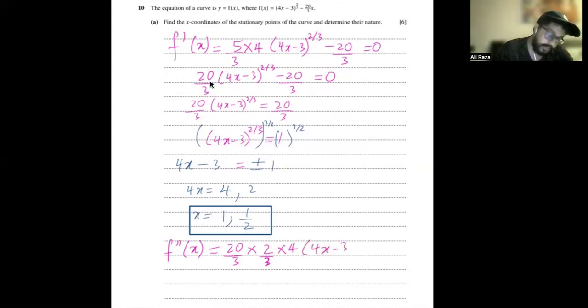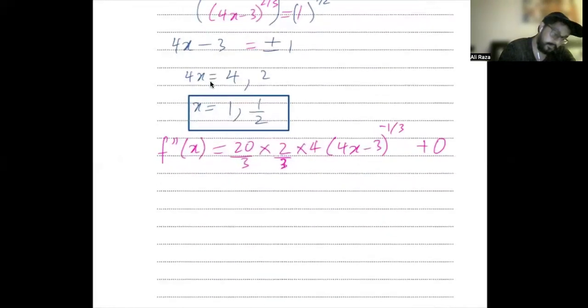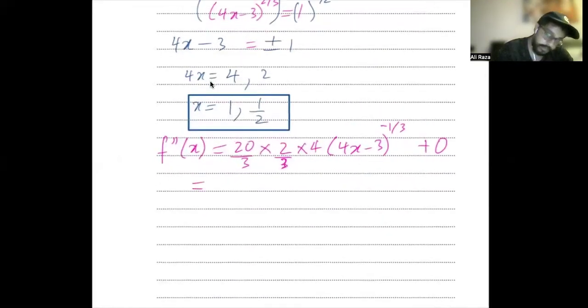And we'll subtract 1 from the power, giving us minus 1 over 3 now, plus 0. This simplifies to 160 upon 9, 4x minus 3 to the power of minus 1 over 3.